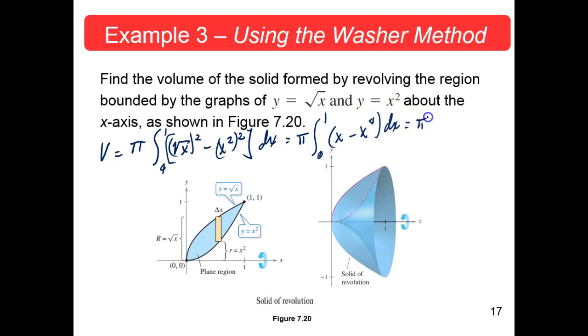That would be pi times, what's the antiderivative of x? x squared over 2 minus x to the fifth over 5, evaluated from 0 to 1. That will be pi, and this is pretty easy math here, except for fractions. What would that give you?